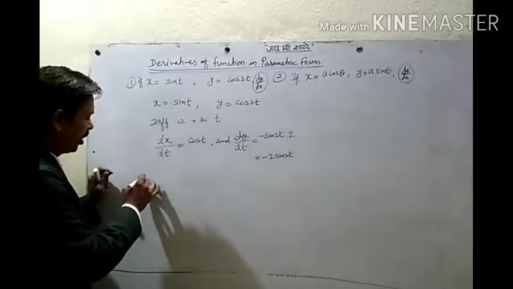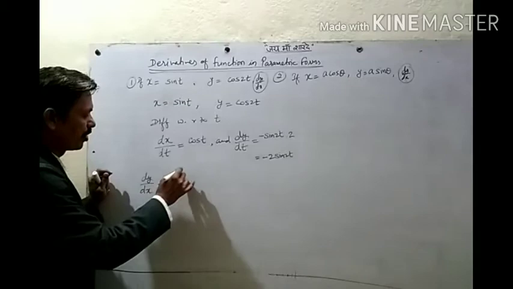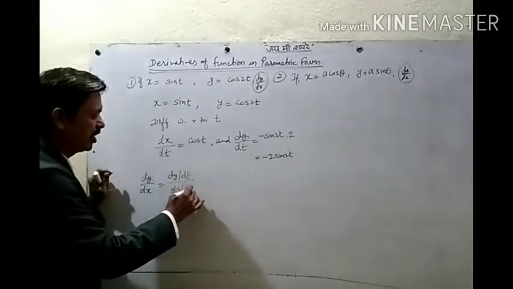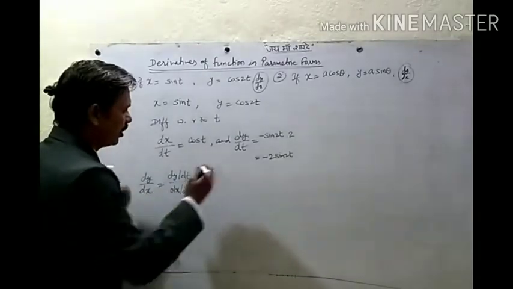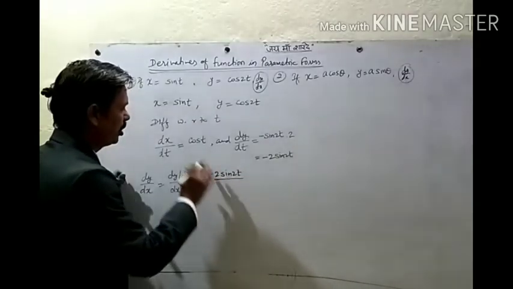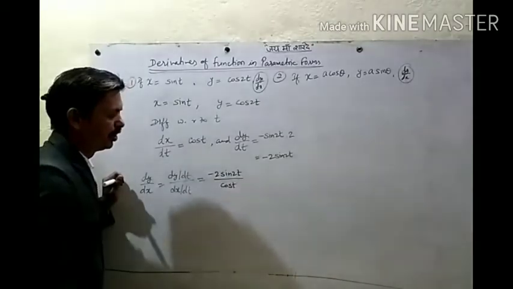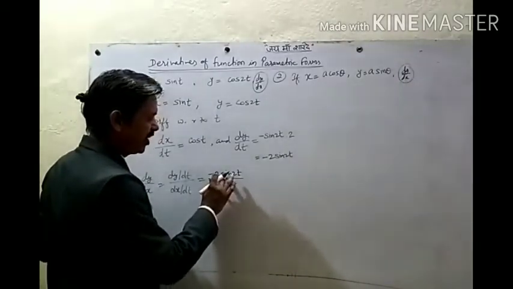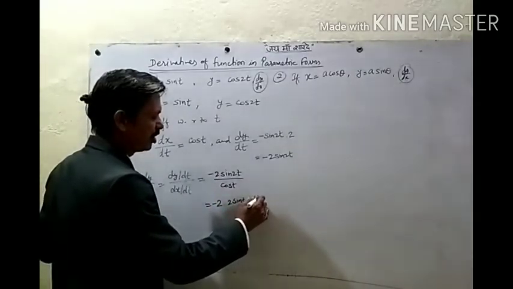Okay? Now what we have? Dy by dx is equal to dy by dt upon dx by dt. Value of dy by dt is minus 2 sin 2t upon dx by dt, which is cos t. Minus 2 as it is, and sin 2t we can write as 2 sin t cos t.